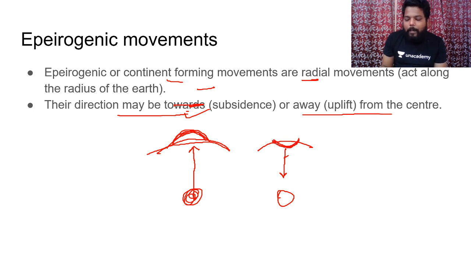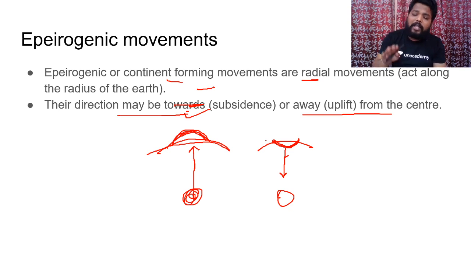Generally these things happen. If this happens in the coastal region, we generally say it as emergence of coast, submergence of coast, and such emergence and submergence of coast you can watch in and around the Malabar coast, which is the coast of Kerala.